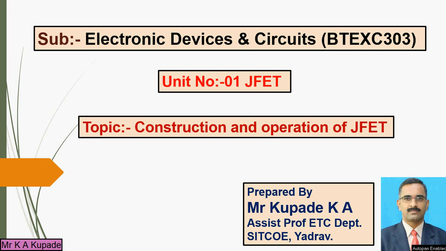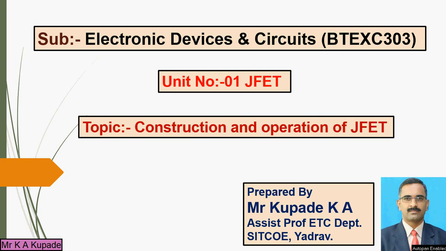After that, we discussed the terminals of the JFET, like drain, source, and gate, as well as the fourth one, the channel, which is an important point of a JFET.